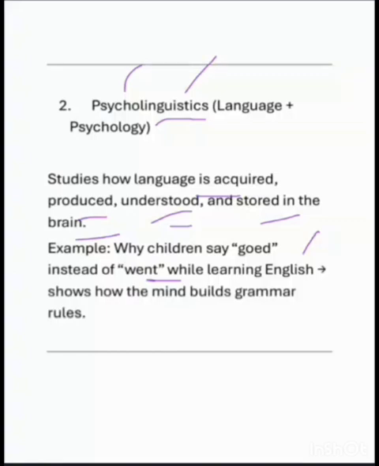The child learned that verb form and also used it with another word like go, goed, goed, whereas the second form of go is went, not goed. So the child understood that if other words change into the -ed form for the second and third forms, then the same will happen with go. So our mind understands things in that way: we didn't teach them to say it like that, but they interpret it on their own in their own mind.